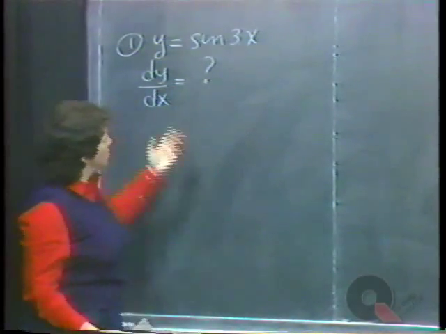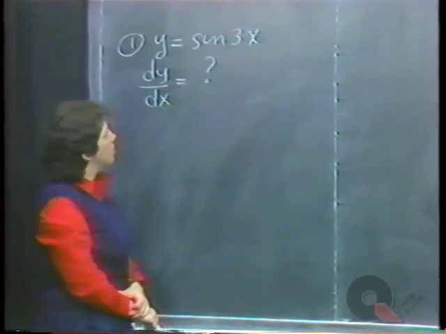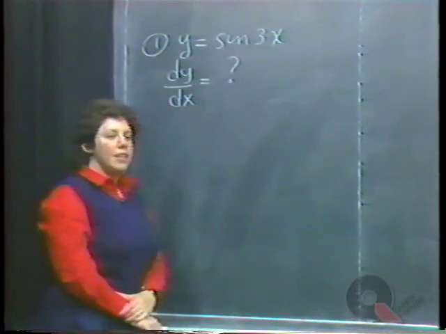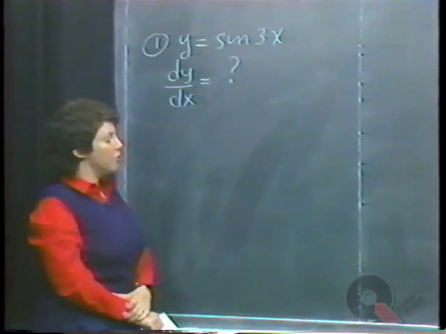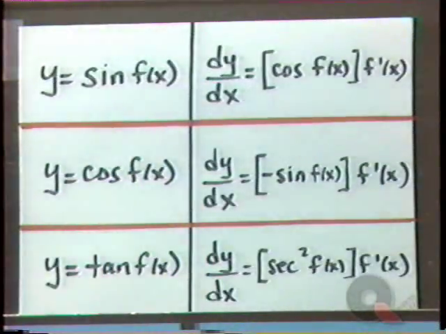Now, this, of course, does not come under any of the 4 formulas that we've already learned. Let's look now at the derivatives of the first 3 trig functions. The derivative of sine of a function is the cosine of the same function times the derivative of the function.